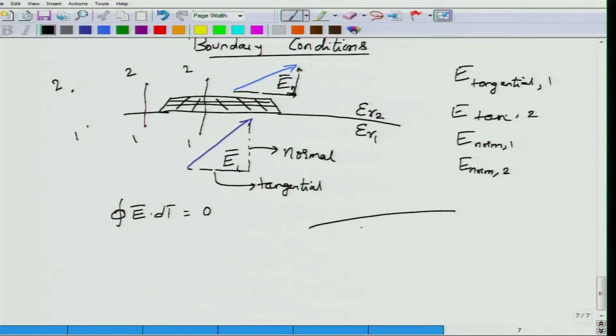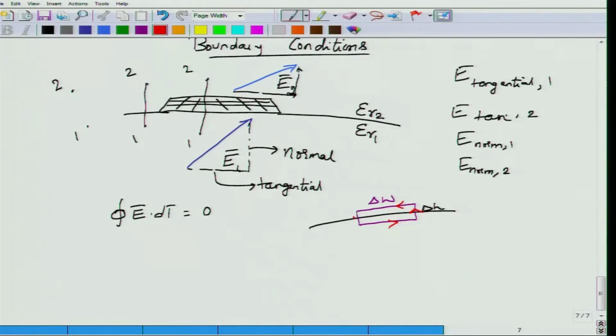And to do that, let us imagine the line to be that of width some delta w and a height delta h, the path that I am considering over here, and let me locate the path to be in this direction.